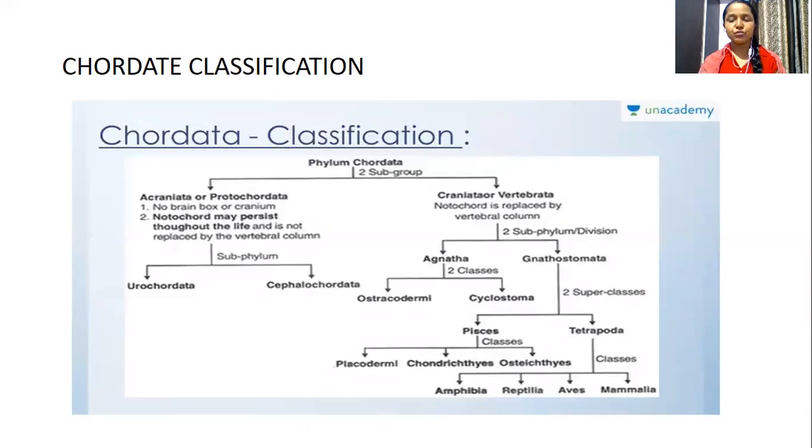As I said, gnathostomes are the ones which have true jaws and limbs. The gnathostomata is divided into two superclasses, that is the Pisces and the tetrapods. Pisces are the fishes. Among the fishes, we can see three classes, that is the Placodermi, Chondrichthyes, and Osteichthyes. In the Placodermi, all the individuals are extinct.